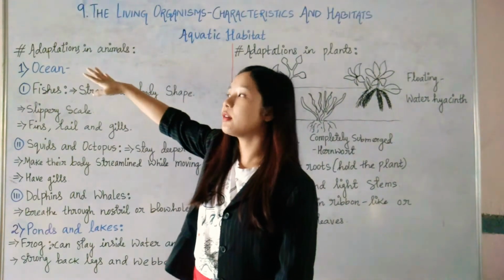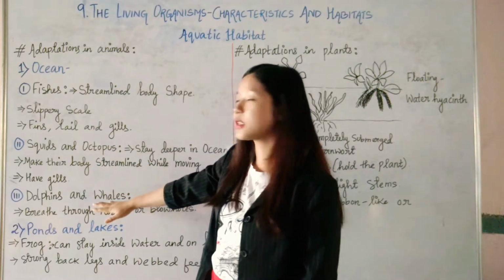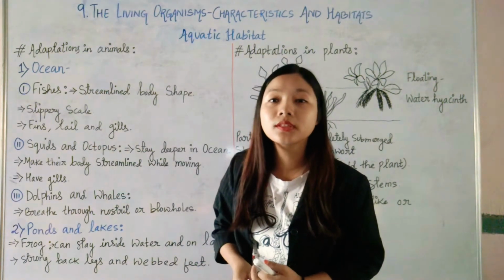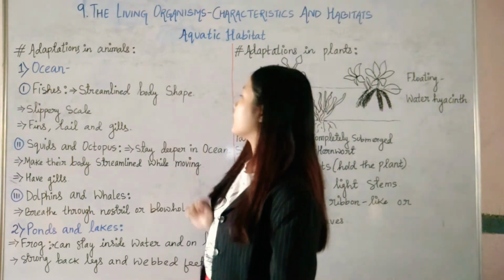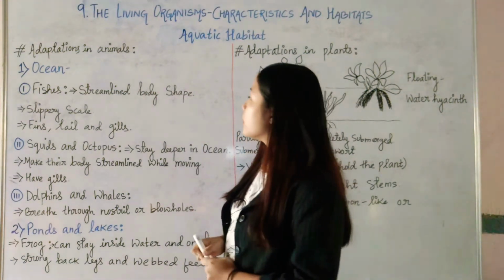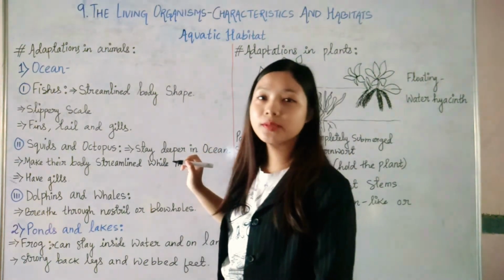In ocean, fishes, squids and octopus, dolphins and whales are some of the animals commonly found. So, fishes. Fishes have streamlined body. What do you mean by streamlined body?